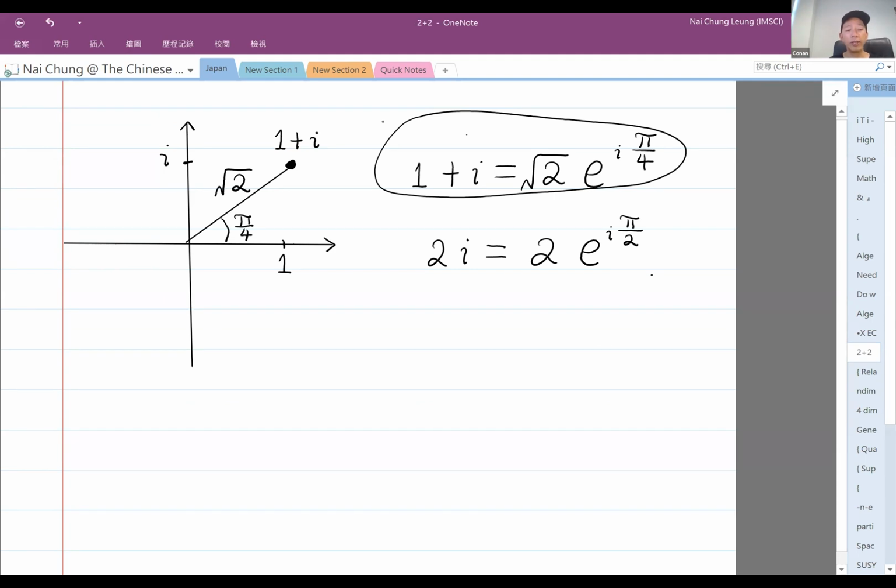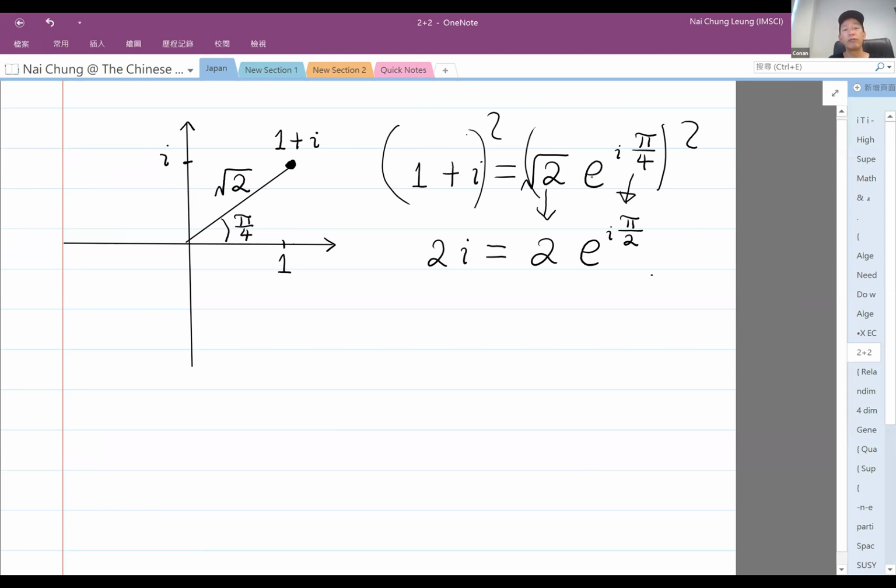If you square both sides, you get 2, and the exponential gives pi over 4 plus pi over 4, which is pi over 2. And this one is just 2i. Therefore, you can see that algebraic multiplication becomes the geometry of rotation on the plane R2.